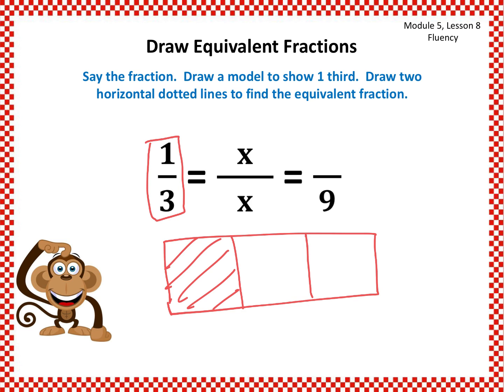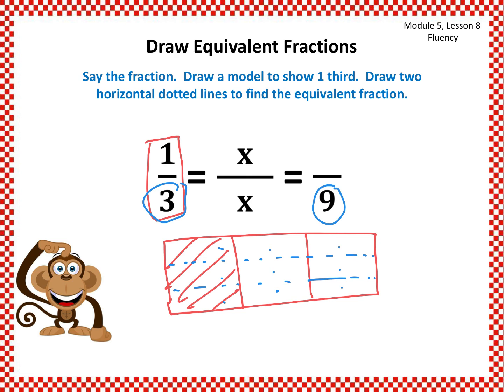Now we're going to get to 9. So they're asking us to draw 2 horizontal lines. So we're going to draw 2. Okay, my dotted line was somewhat dotted. And now instead of 3 parts, which is showing right here, I have 1, 2, 3, 4, 5, 6, 7, 8, 9, which is showing here.